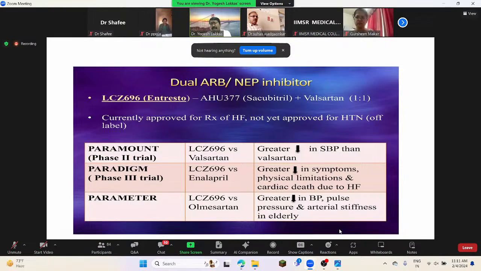There is also the concept of heart failure with preserved ejection fraction, which may be subclinical in clinical practice. Even that is going to help in these patients, with more improvement in physical limitations, and greater decrease in the BP, pulse pressure, and arterial stiffness in the elderly.